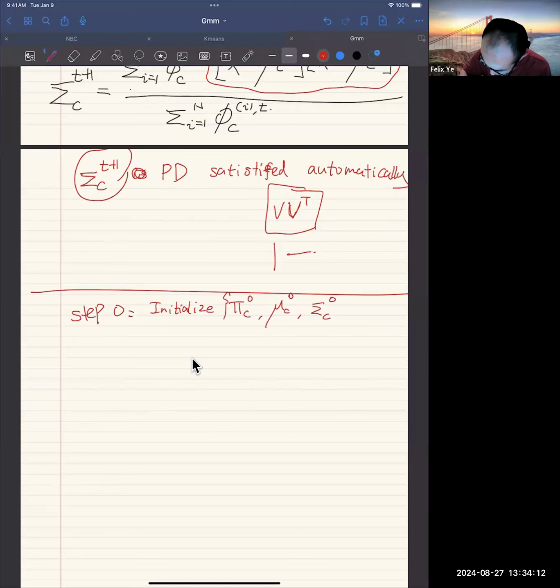You can initialize smartly, or you can initialize randomly. Again, this initialization is also quite tricky. Step 1 is the E step. You are going to calculate the posterior distributions.